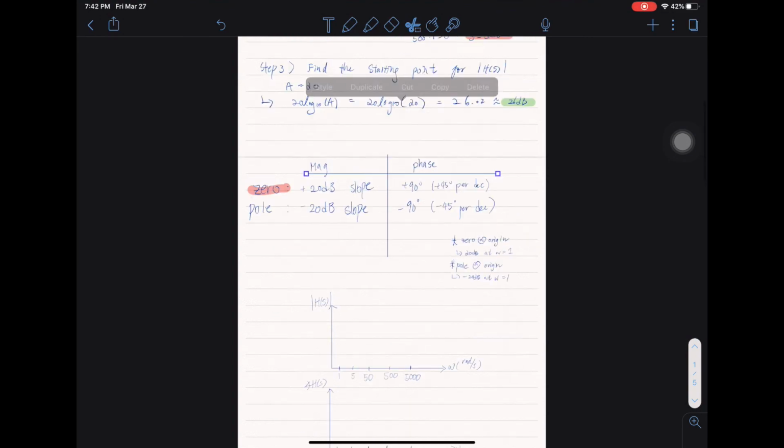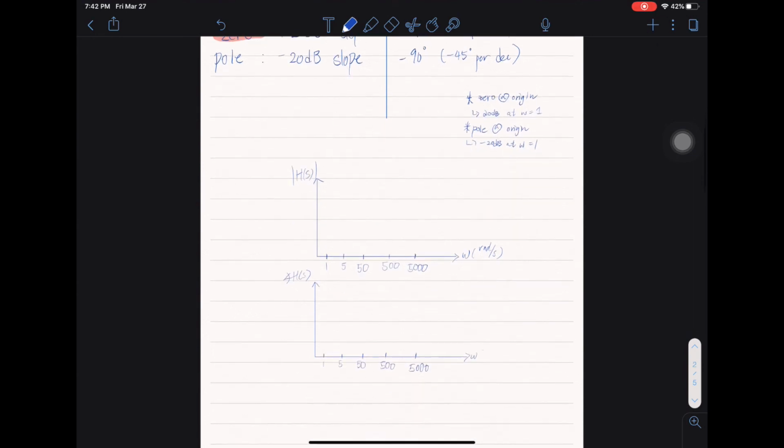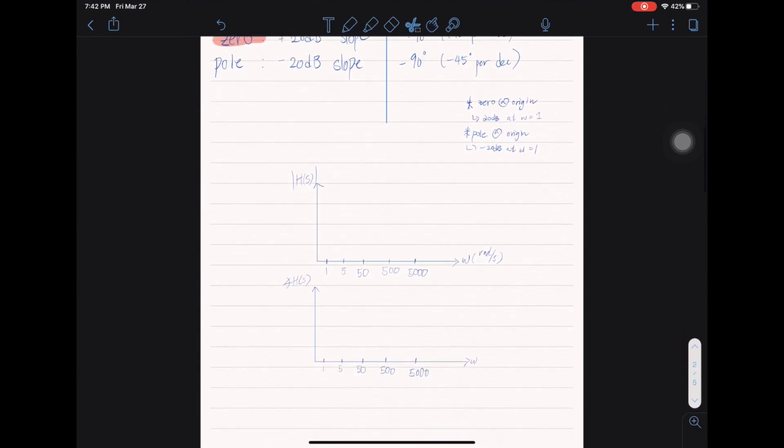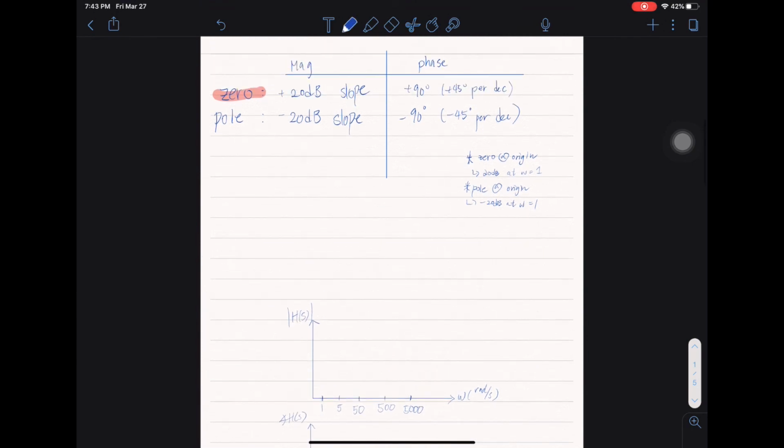So right now, we notice that from our transfer function, the starting point for the magnitude response is equal to 26 dB. We have a zero at 0. We have a pole s equal to 5 and s equal to 500.